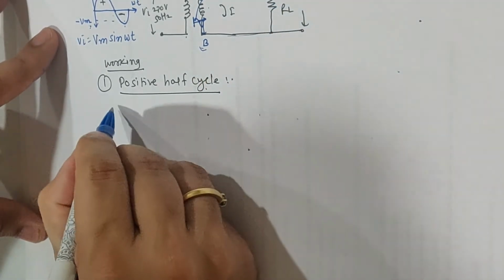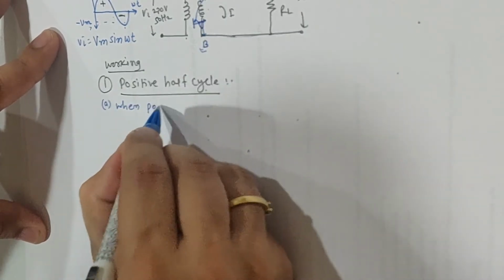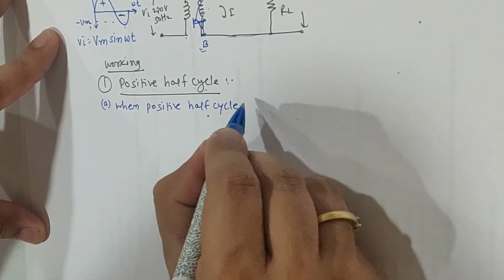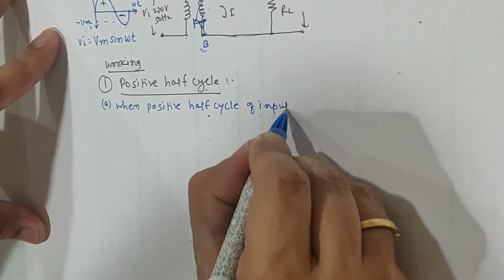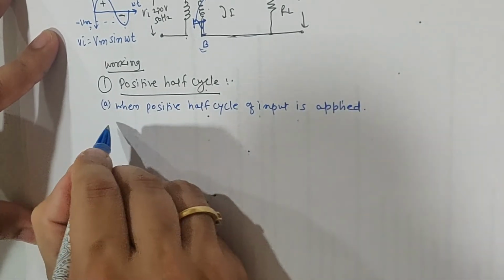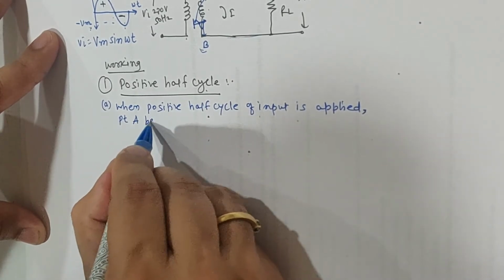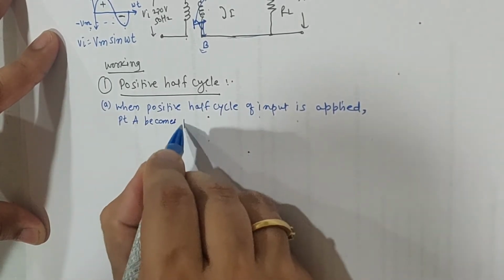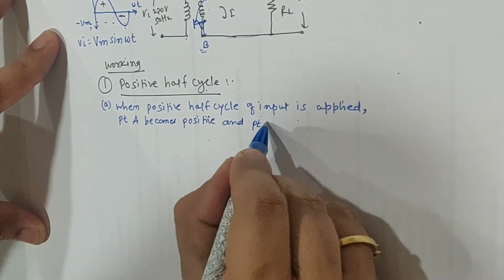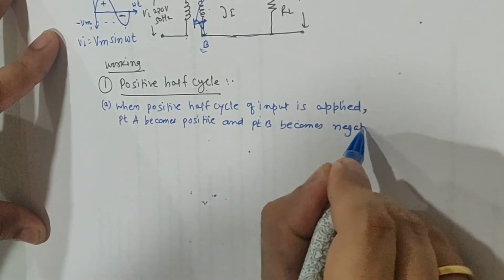So we write, when positive half cycle of input is applied, point A becomes positive and point B becomes negative.